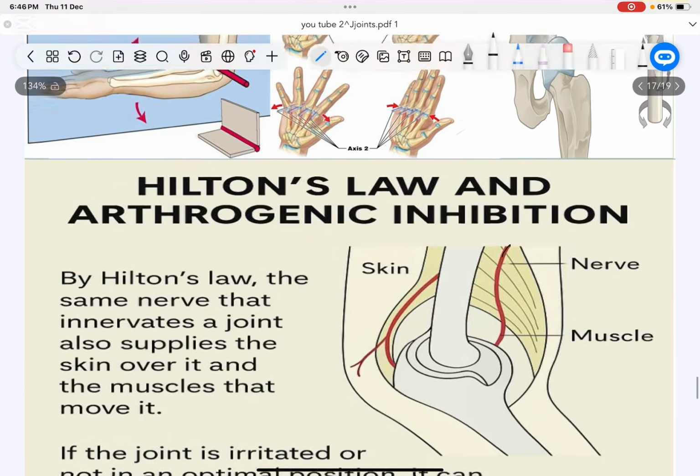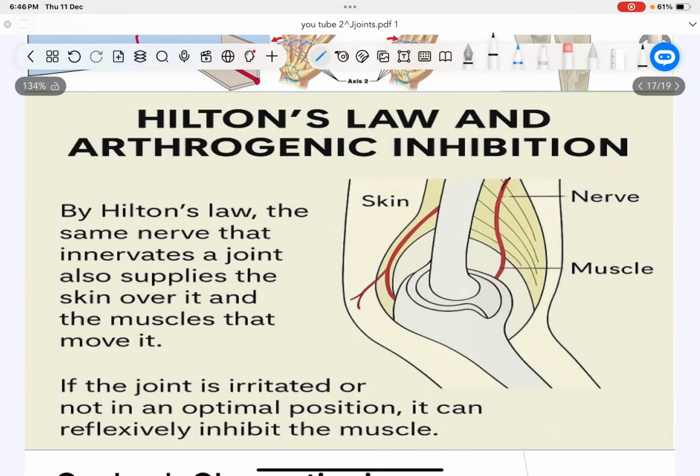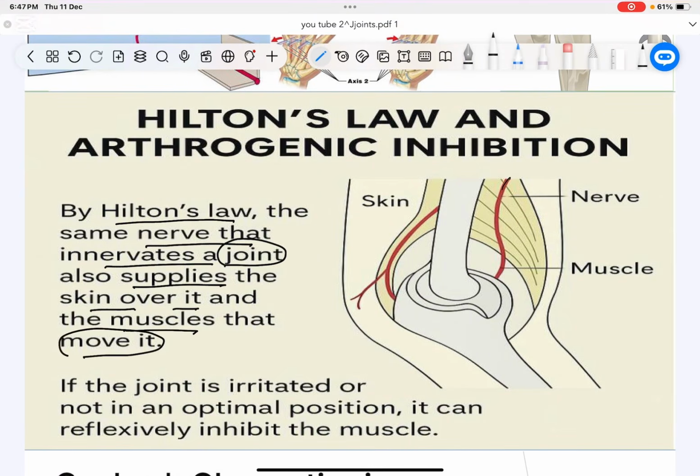Now we are heading to a topic that is called Hilton's law. What is Hilton's law? Actually, Hilton's law is relevant with the clinical entity. So, by Hilton's law, the same nerve that innervates the joint also supplies the skin over it and the muscles which help to move that specific joint. So, here you can see it's a nerve.